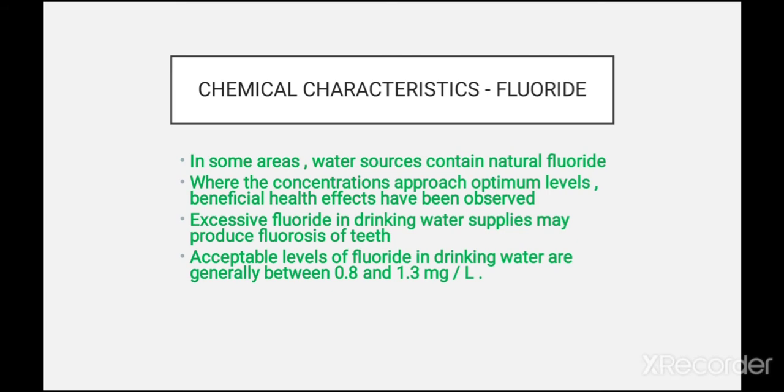But excess fluoride in drinking water supply may produce fluorosis in the teeth. That is the adverse effect of excess fluoride in domestic drinking water. So what is the limit of fluoride? The acceptable levels of fluoride in drinking water are generally between 0.8 and 1.3 milligram per liter.